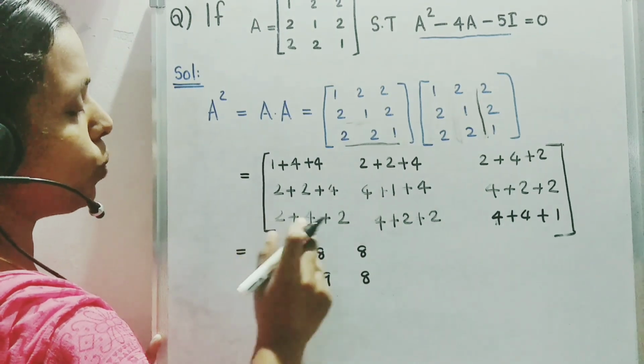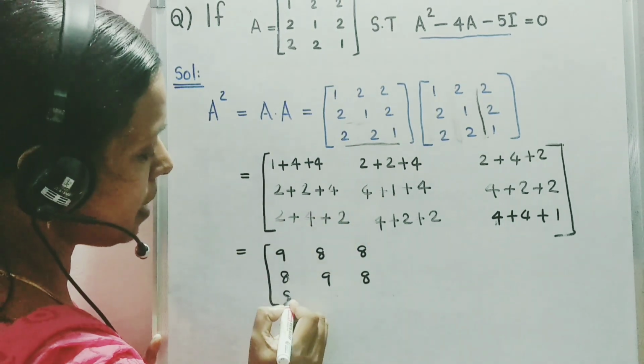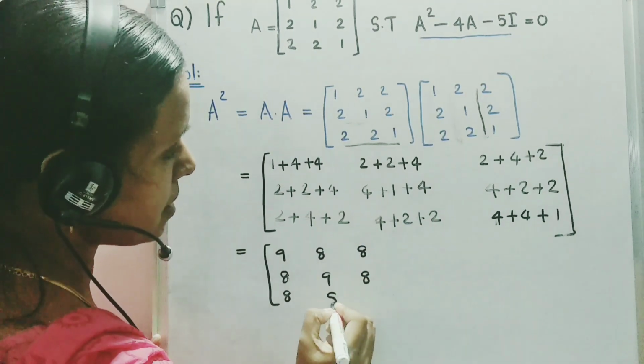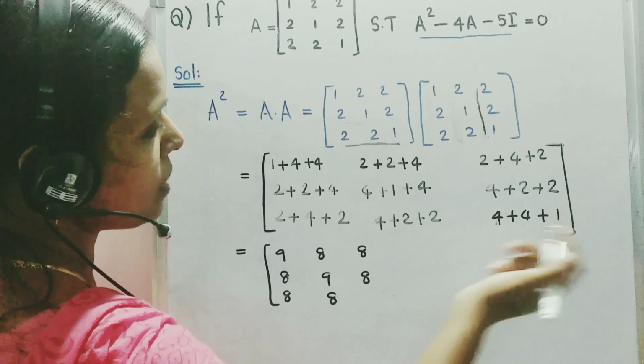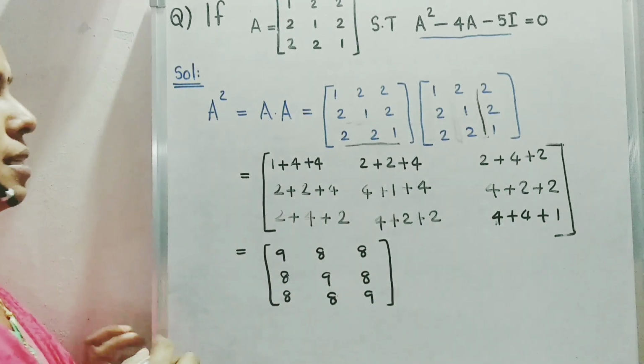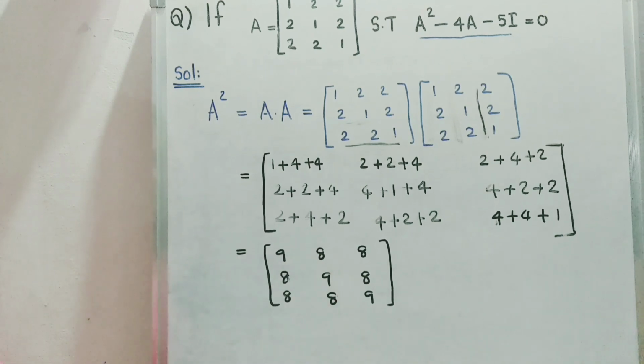Next 2 plus 4 plus 2, that is 8. 4 plus 2 plus 2, that is 8. 4 plus 4 plus 1, that is 9. Now we get the matrix 9, 8, 8, 8, 9, 8, 8, 8, 9.